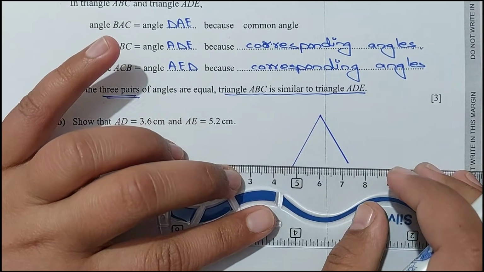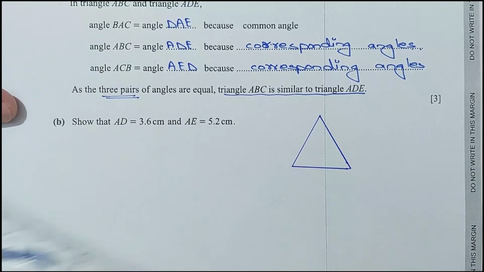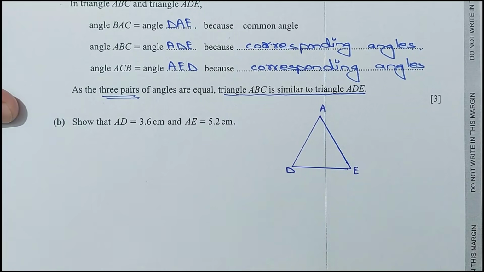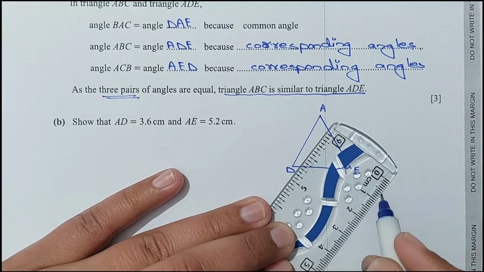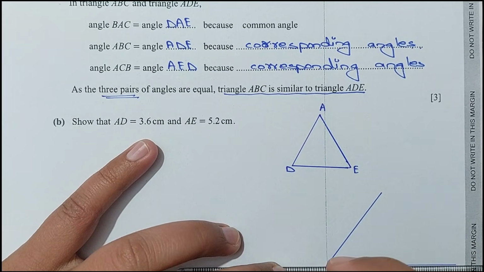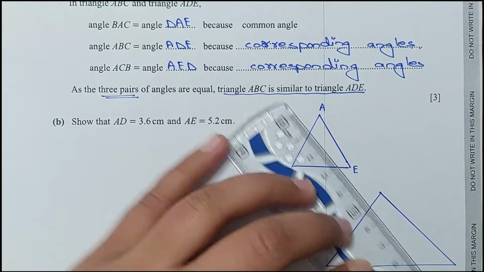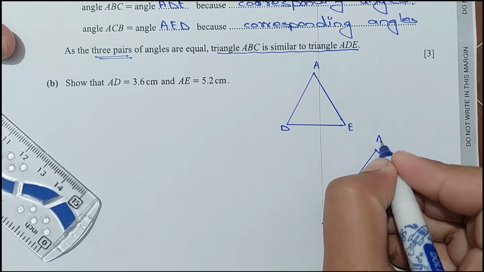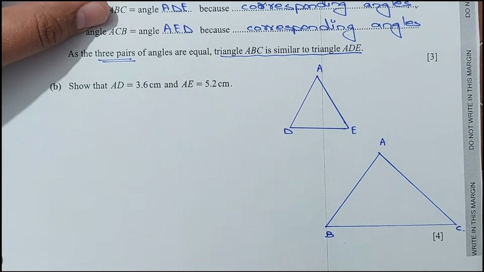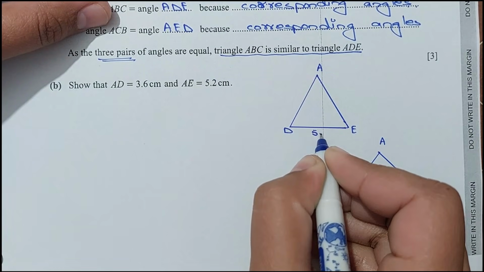Let's say this is the smaller one. The smaller triangle is A, D, and E, and the larger one is A, B, C. We have BC, this is 9.8, and this side is 5.6.